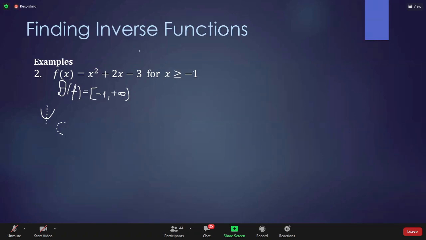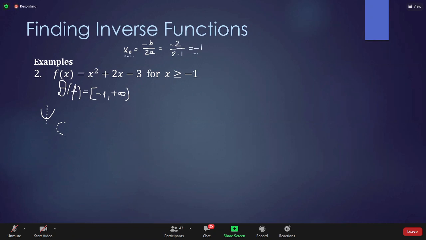The vertex of the quadratic function would be minus b over 2a, the x value, that is -2, divided by 2 times 1, that's -1. That's exactly where the vertex is.